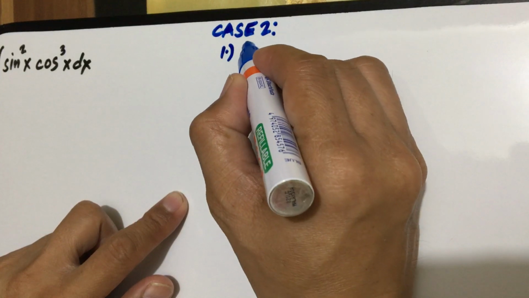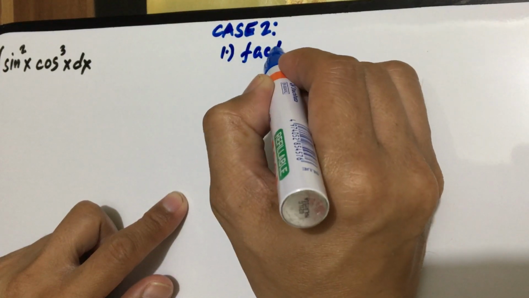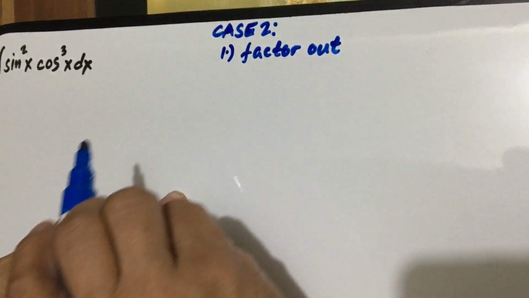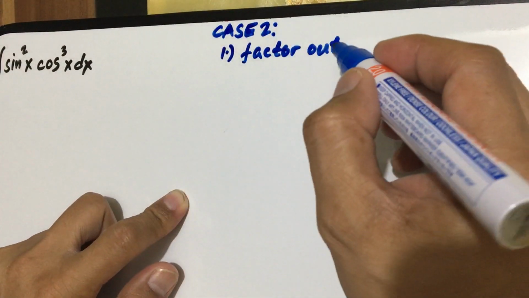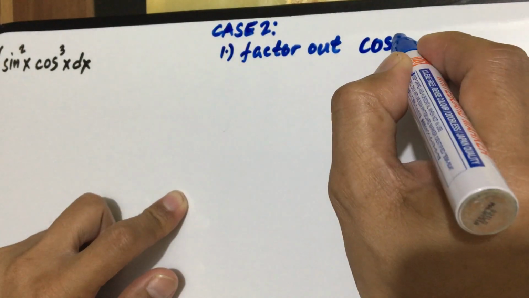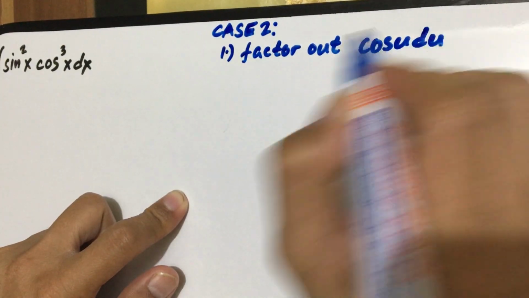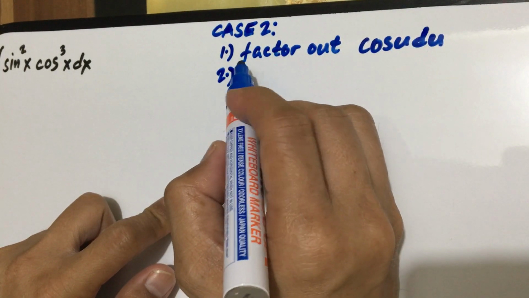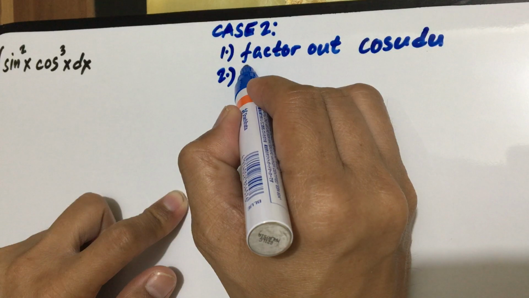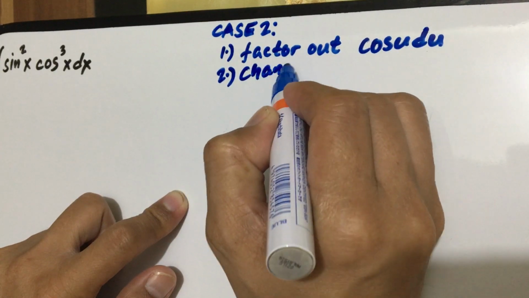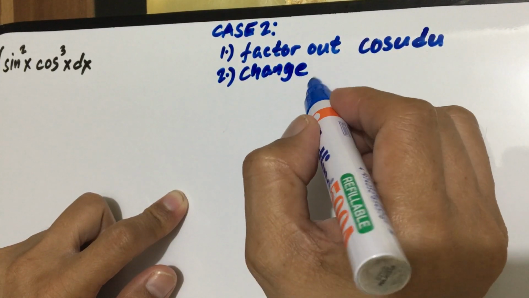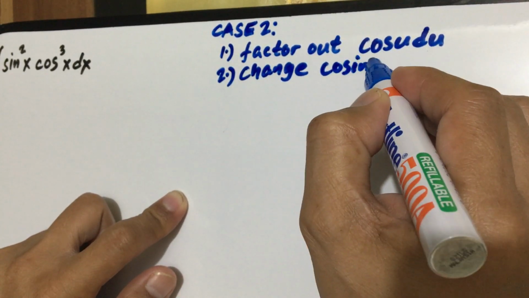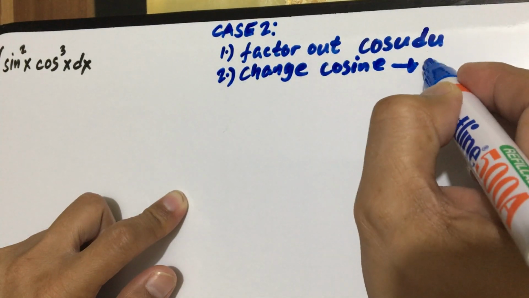We have to factor out cosine u du. And then next, we need to change the remaining cosine into sine.